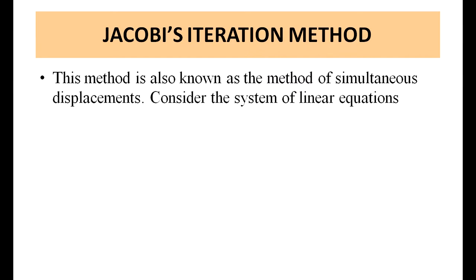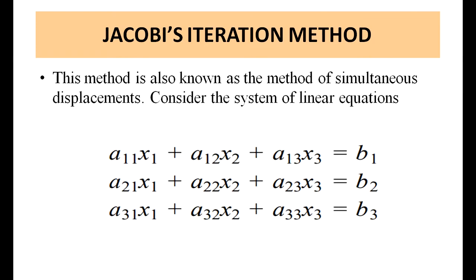Let us consider the system of linear equations as a11x1 plus a12x2 plus a13x3 is equal to b1. Second equation as a21x1 plus a22x2 plus a23x3 is equal to b2.